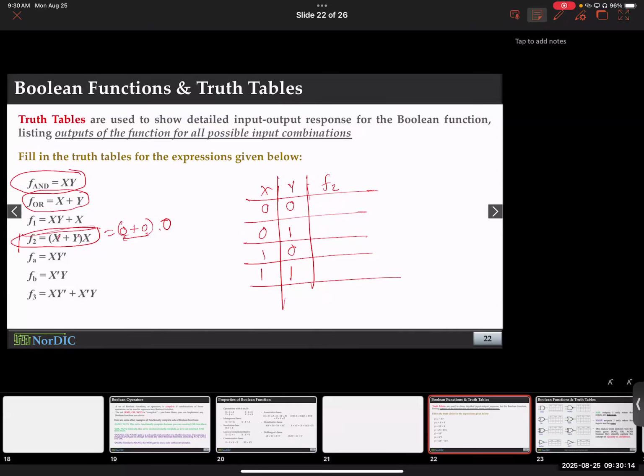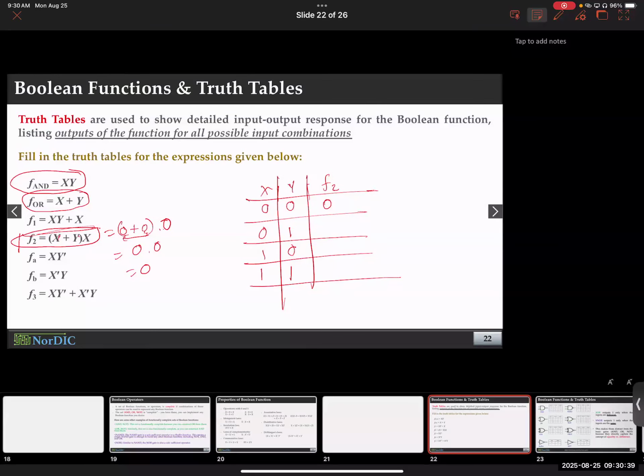Do you remember when does OR give a 0 output? Only when both inputs are 0. Isn't that the case here? You're taking OR of 2 zeros. So essentially, you are going to get 0 here and then an AND of 0. And it's like both 0, obviously 0. Okay, so this combination is going to be 0.